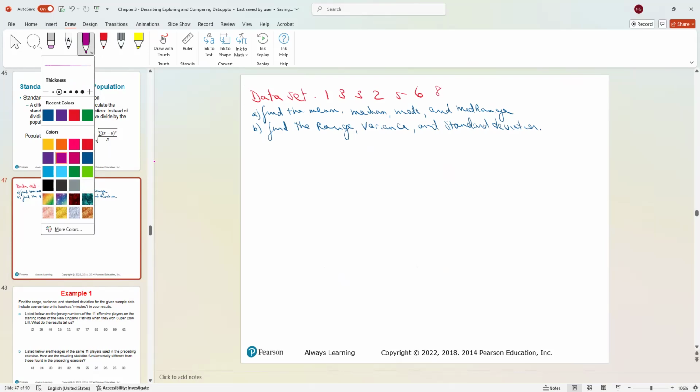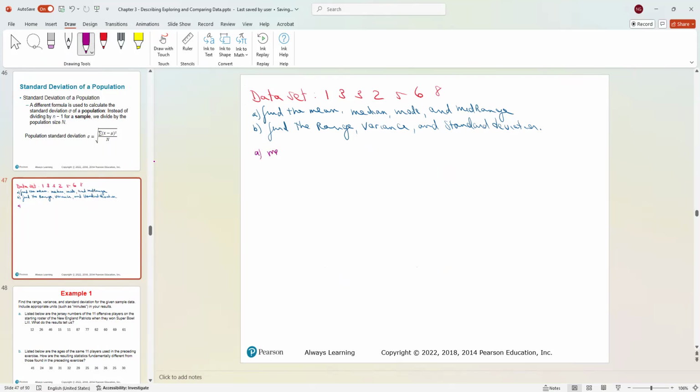All right, for A, we know the mean. We consider this one as a sample. I'm going to call it a sample data set, so let's do it as a sample, not as a population. Usually they would tell you if it's a sample. So the sample mean is X bar. Add all your data together divided by n.